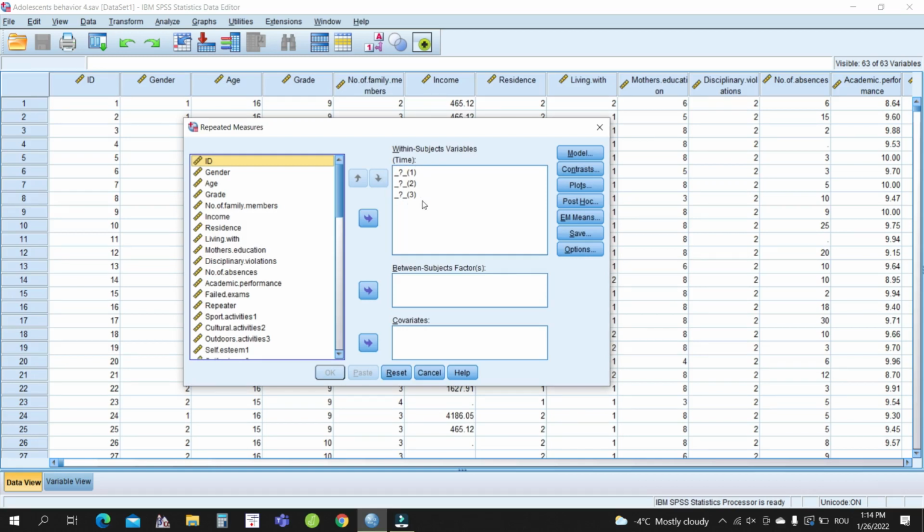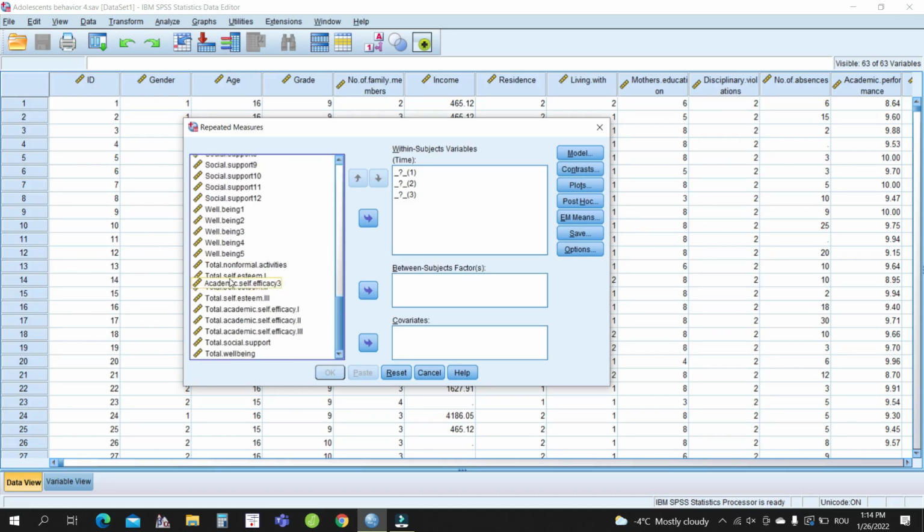In this area, we have to introduce in ascending order the 3 variables called self-esteem, measured in each semester. So I will introduce self-esteem 1, which was measured in the first semester, self-esteem 2, which was measured in the second semester, and self-esteem 3, which was measured in the third semester.